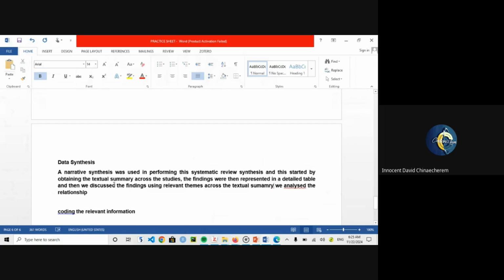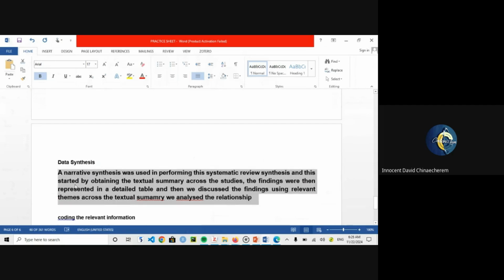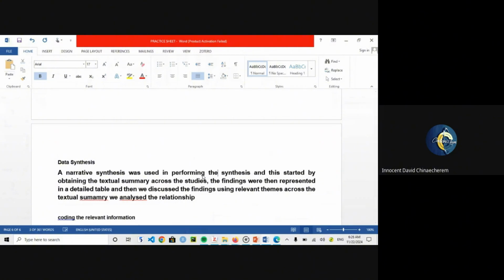Okay, so we could make this more proper. Let's make the sentences more correct now. I'm trying to make this bold so it's clear. Narrative synthesis was used in performing the systematic review.